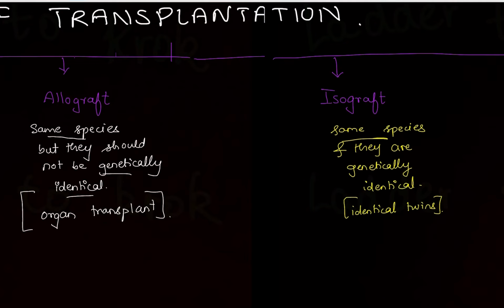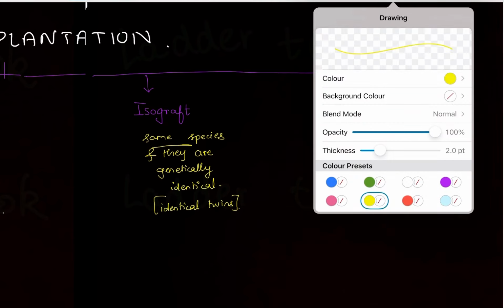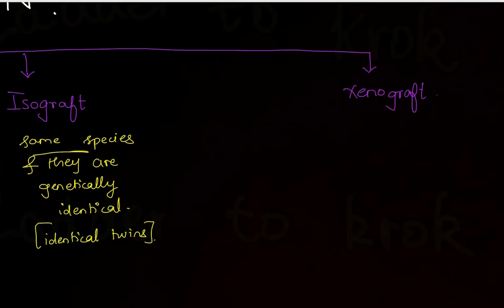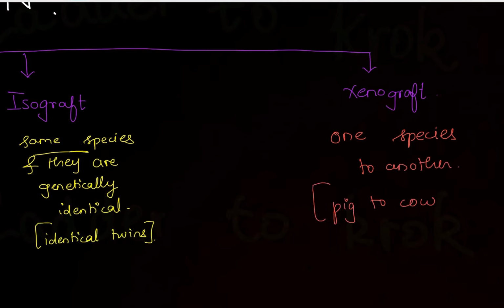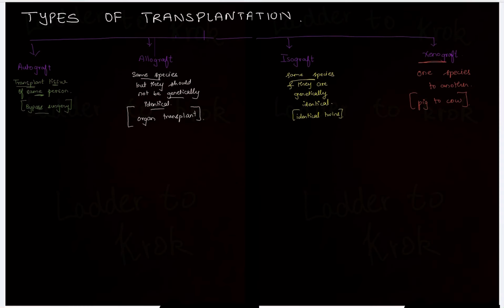Isograft is genetically identical. The last is xenograft. They transplant from one species to another. For example, from pig to cow. They both belong to different species. But if we perform a transplant between these two, then the type of transplant is xenograft. I hope this types of transplantation is clear.